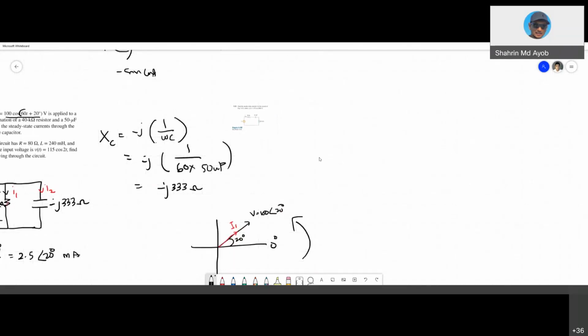Okay, so right now, let me show you. For example, VT is 100 cos(10t + 20 degrees).